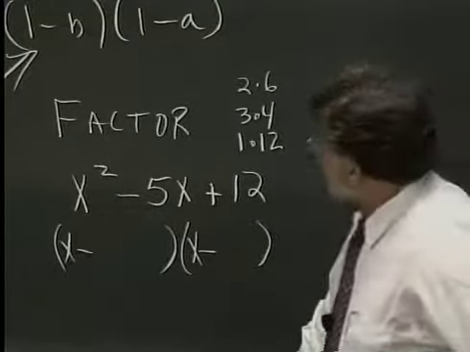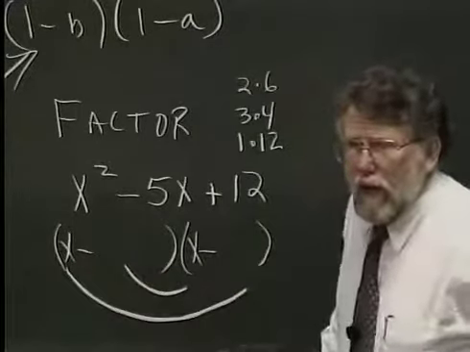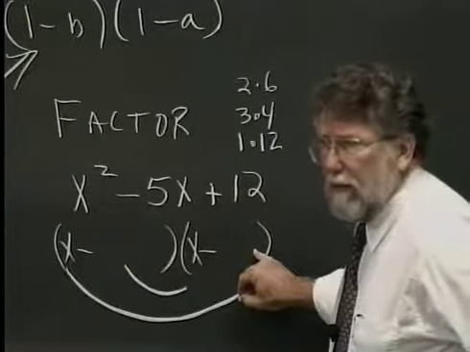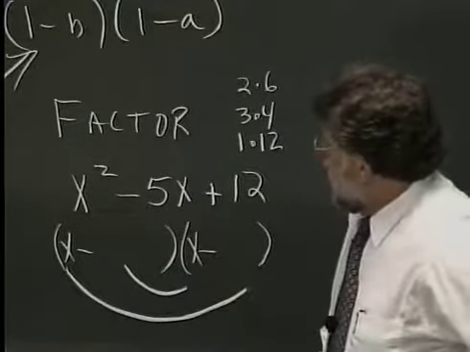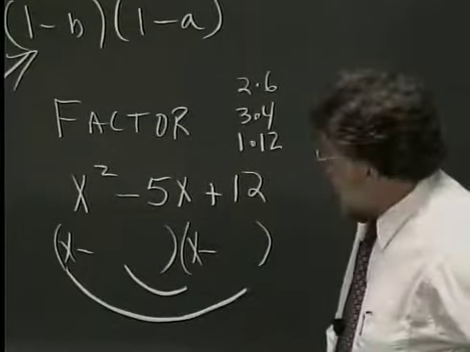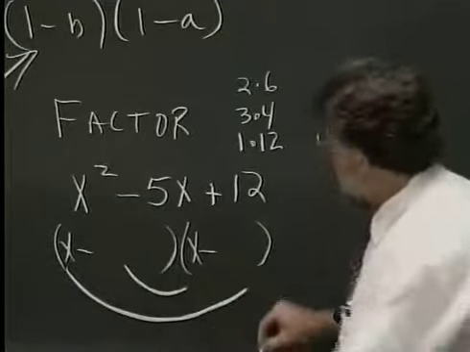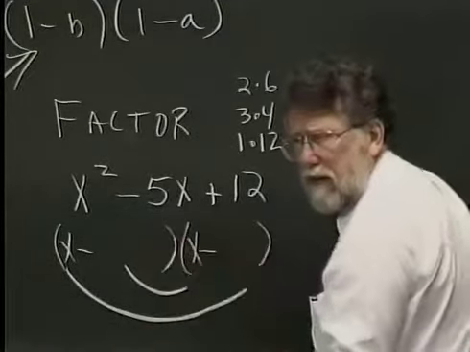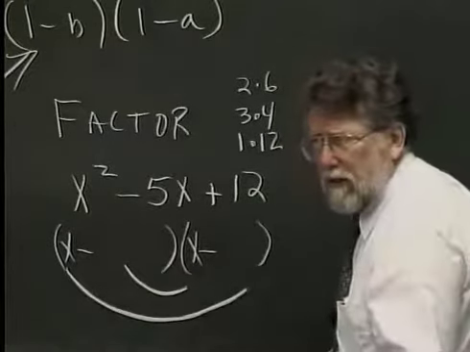And if I think of what happens with FOIL, whatever I put in these last part of the binomials, the L part, the outer and inners are going to have to combine to give you a negative 5. So if I put a 2 and a 6, I'm going to get an 8. If I put a 1 and a 12, I'm going to get a 13.